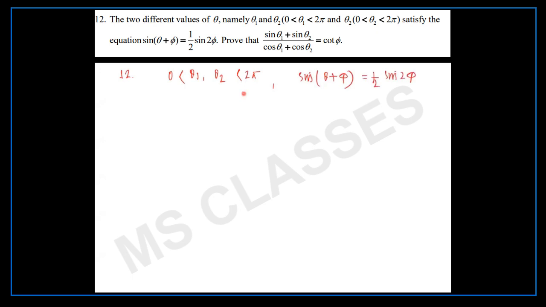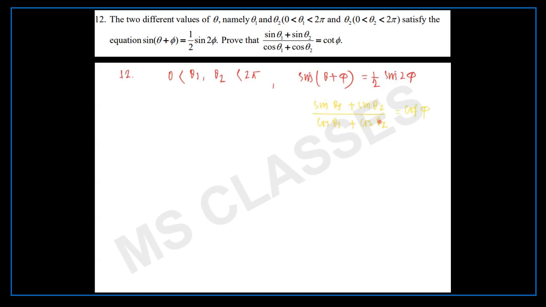These two angles satisfy this equation, and we have to prove that (sin theta 1 + sin theta 2) divided by (cos theta 1 + cos theta 2) equals cot phi. This is what is required to prove.